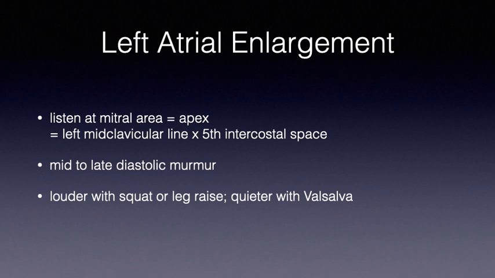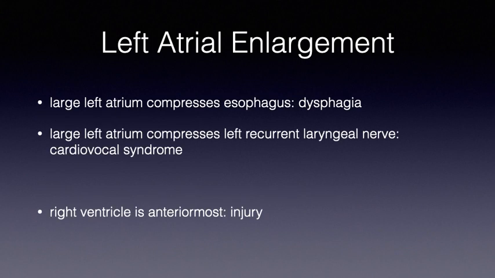And for bedside maneuvers, mitral stenosis, like most murmurs, is louder with squat or leg raise, which both bring more blood into the heart. Mitral stenosis is, on the other hand, quieter with Valsalva, which prevents blood from getting back into the heart. Mitral stenosis can cause left atrial enlargement.